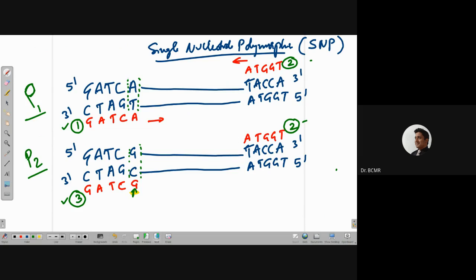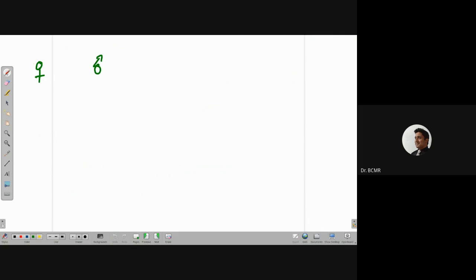So we should have taken the mother homozygous for P1 and the father homozygous for P2.